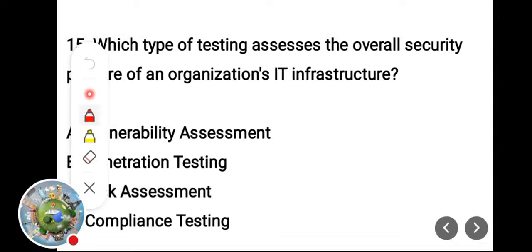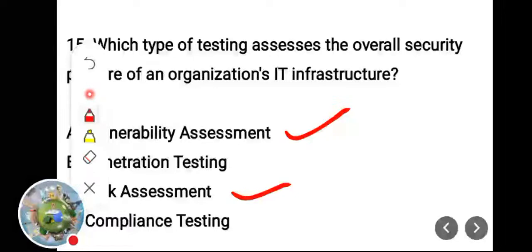The overall security issues existing in the IT infrastructure have to be identified using certain testing methods. Those tests assess the security. Vulnerability assessment scans for vulnerabilities. Risk assessment is done after identifying the security issues.